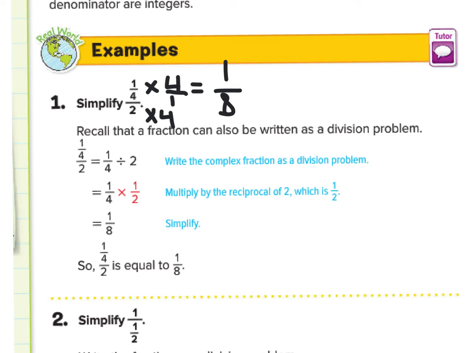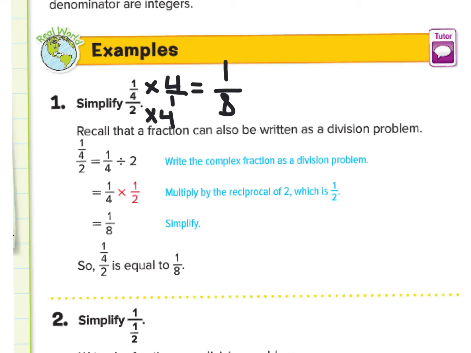Now that's my explanation. Let's look at the textbook explanation. So recall that a fraction can also be written as a division problem. So you have 1/4 over 2 is the same as saying 1/4 divided by 2, which is 1/4 times 1 over 2. Remember, you keep, you change, and you flip. And remember that when we flip, it's because this 2 is over 1.